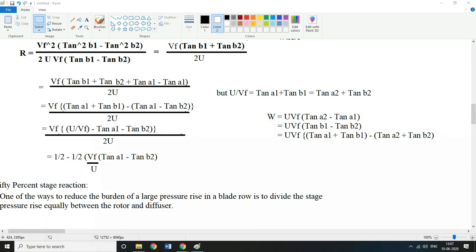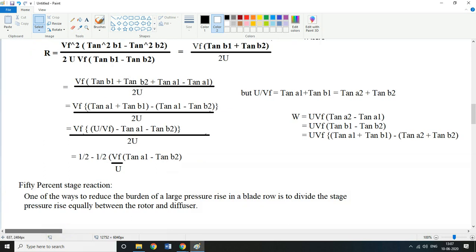Once you multiply, Vf and Vf will cancel out, u and u will cancel out, but half will remain. So this is your remainder half, and then you multiply it to this term too. So this term half is there, and Vf by u will be there, and tan alpha 1 minus tan beta 2. So this is your degree of reaction per stage.